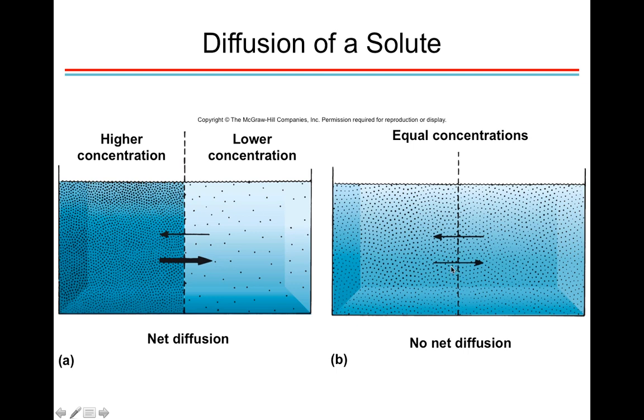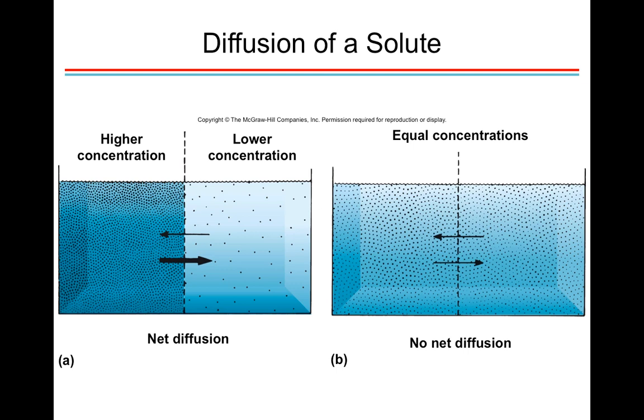right? So when we say net diffusion is occurring, that means here we're going to have a net movement of more molecules moving from the left compartment to the right compartment. Once there is an equilibrium established, yes, there'll be some movement of molecules from the right compartment to the left compartment and some from the left compartment to the right compartment, but there'll be no net movement because overall the numbers are going to stay similar between the two compartments.